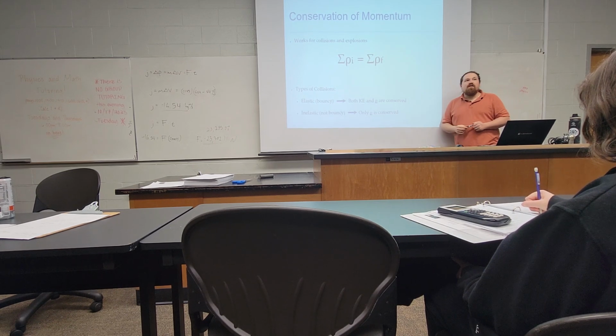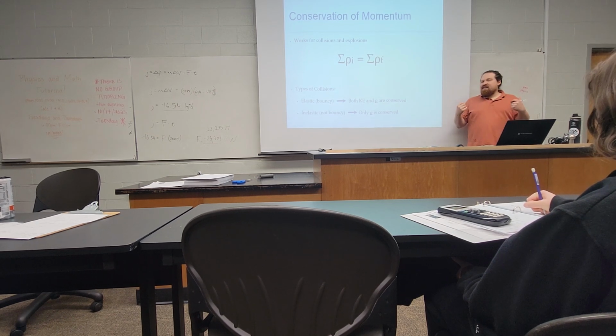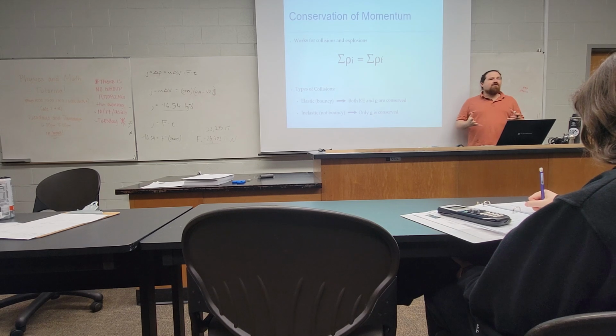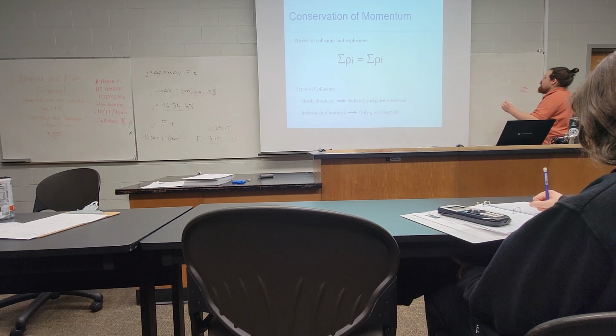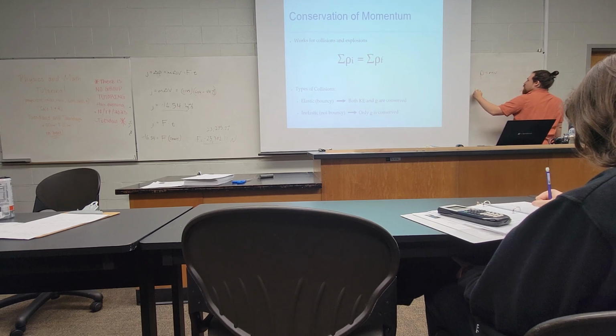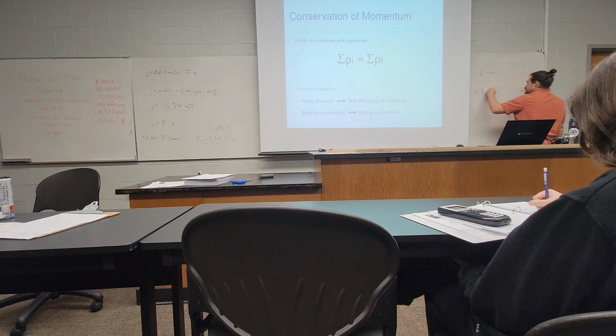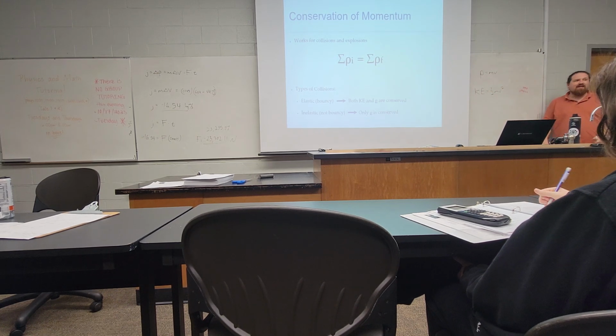But in every single collision that involves momentum, kinetic energy also has to be involved by virtue of the fact that if you have momentum, you also have kinetic energy. Both require mass and velocity.